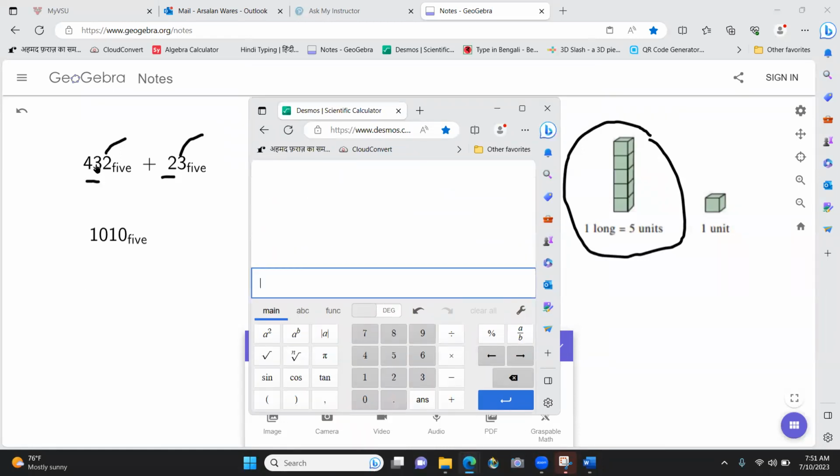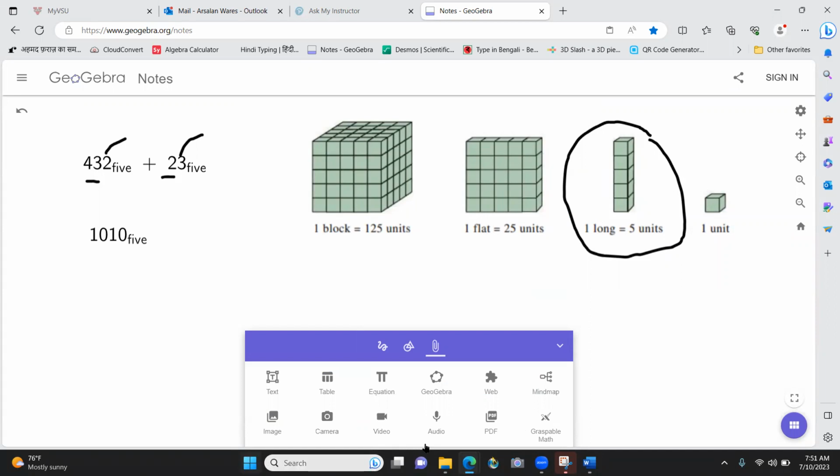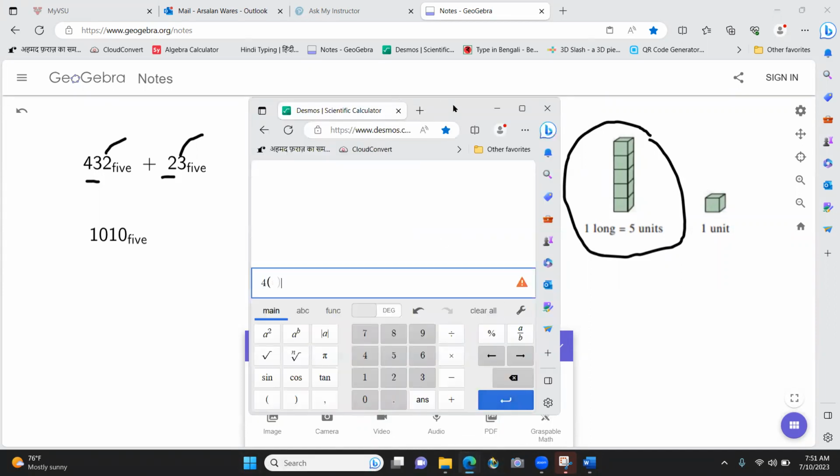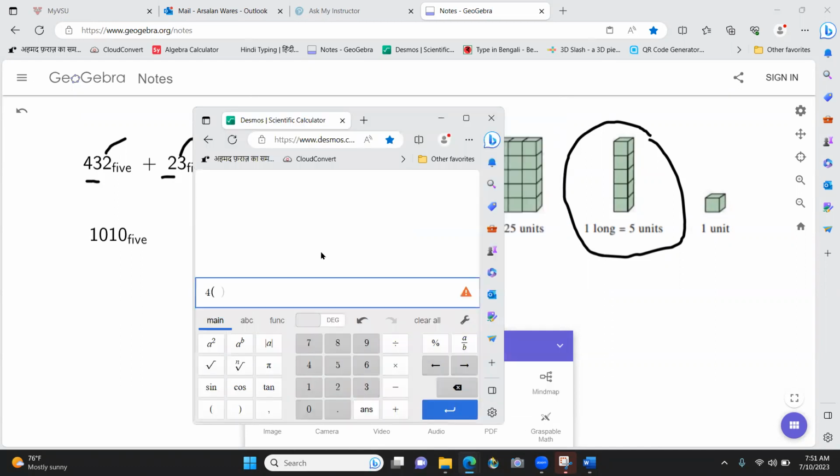Okay, so guys, how do we write 4, 3, 2 in base 5? Well, 4 copies of what? Takes a while, doesn't it? 4 copies of 25, then 3 copies of 5 rods, and then 2.